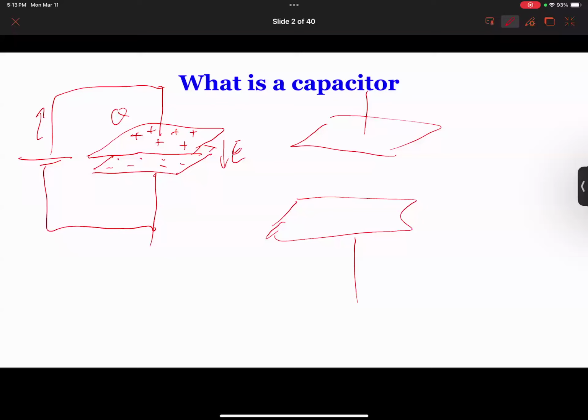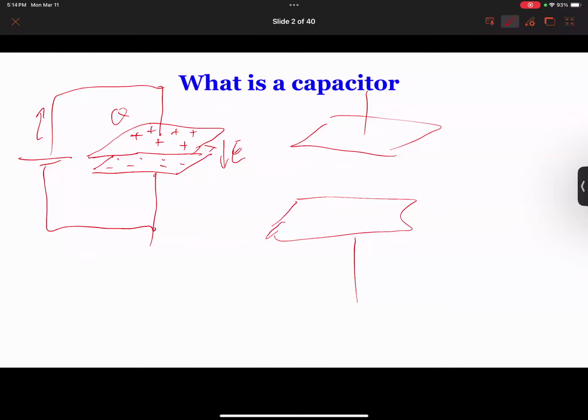Do you know when the charge will complete? At what time will the current stop? When the charge is full, and the voltage on the plate is the same as the supply voltage. When the voltage is the same, there's no more current. But when there's a voltage difference, charge goes through.